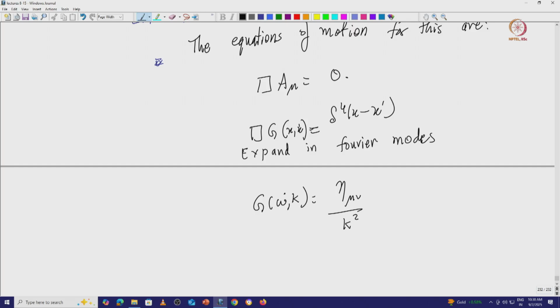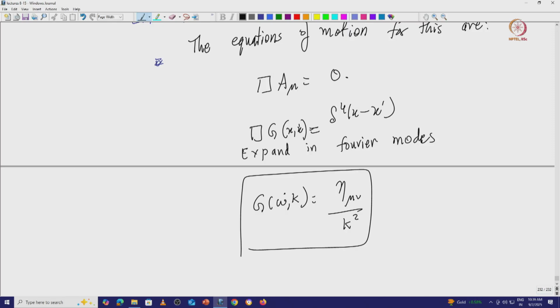The reason is that this is exactly like solving the Laplacian, except that you are adding a delta function in the time direction also.